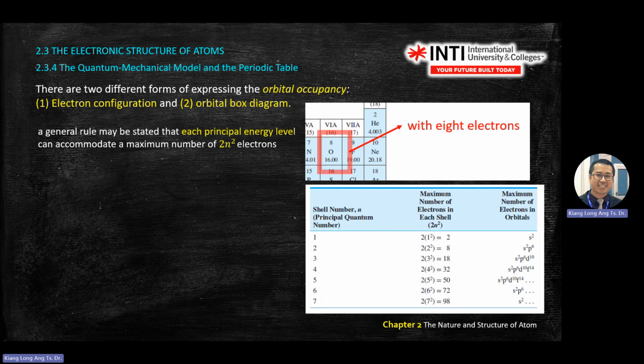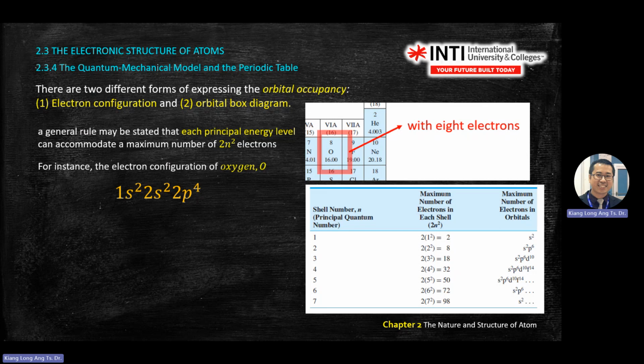You park 2, the remaining is 6. So the 6 will park in the second highway. So you write 1s2, then the 6 in the second orbit, where you have s and p.